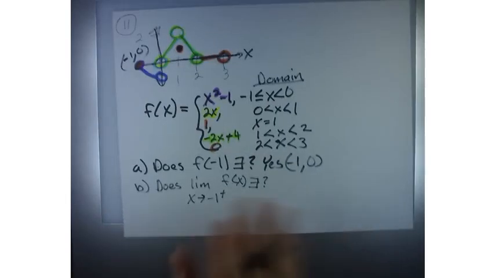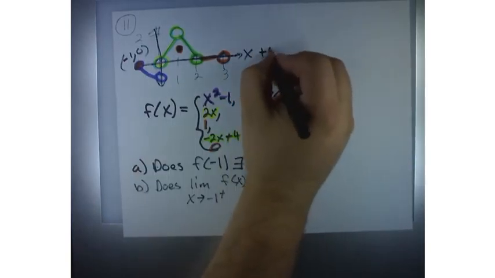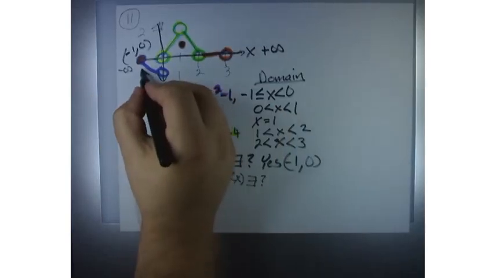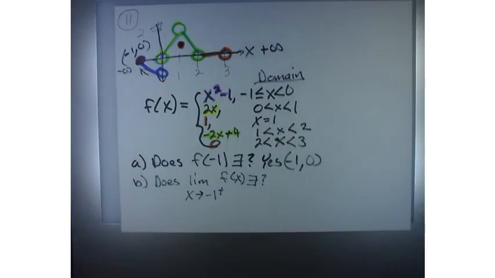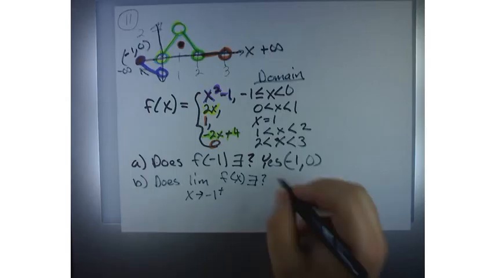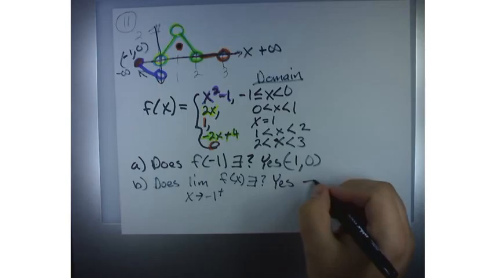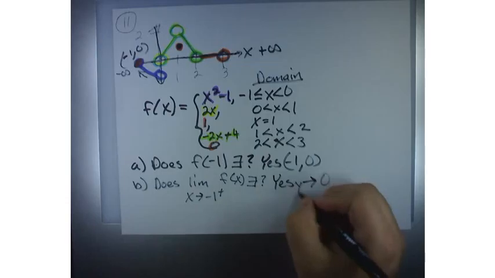So what I'm going to do is approach negative 1 from positive infinity, right? This is positive infinity. This is negative infinity. So I'm going to approach it coming from the right-hand side. Does it have a one-sided limit? Yes. It approaches 0. Y approaches 0.